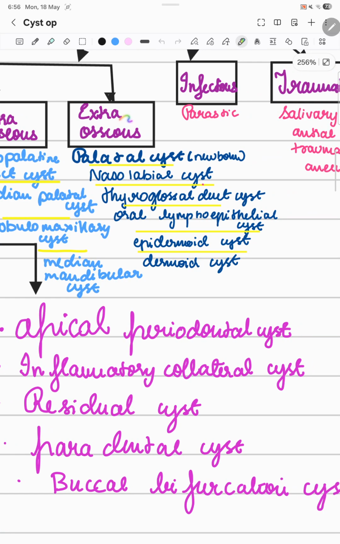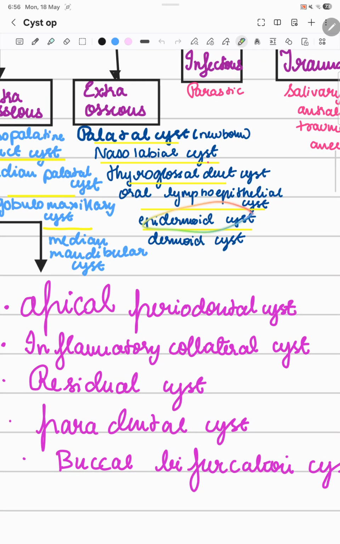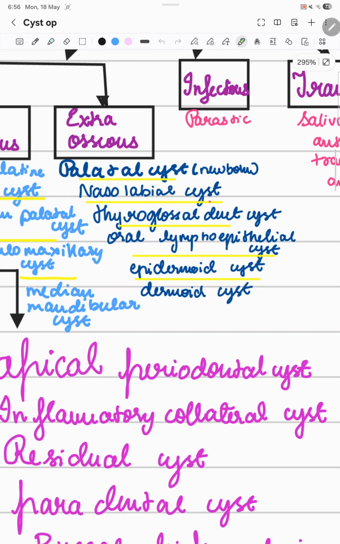Now moving forward, extraosseous cysts, you have again, see, here is your median palatal cyst, then here also you have something called palatal cyst, which is in the newborn. Then you have something called nasolabial cyst, thyroglossal duct cyst, oral lymphoepithelial cyst, epidermoid cyst, and dermoid cyst. See, this is a little complicated to remember.